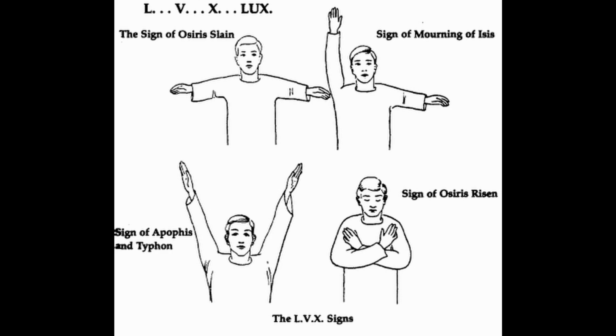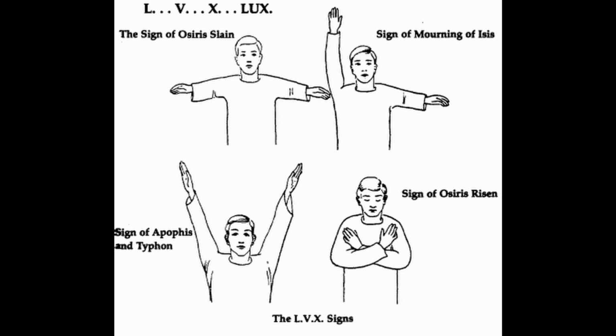Step 5. Now cross your arms on your chest, right over left. Your fingertips should be just touching your shoulders. This forms the letter X. Bow your head. Say meaningfully, X, the sign of Osiris risen.